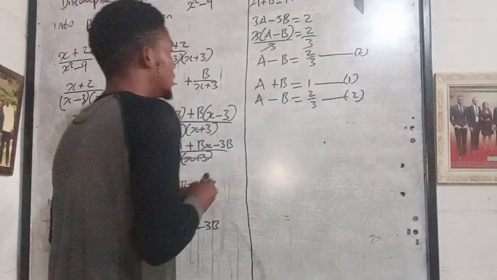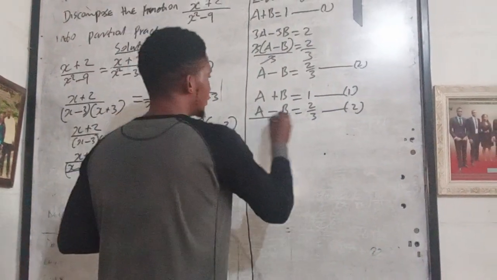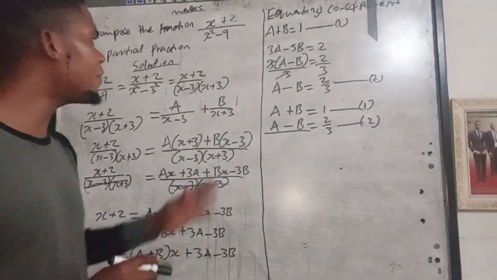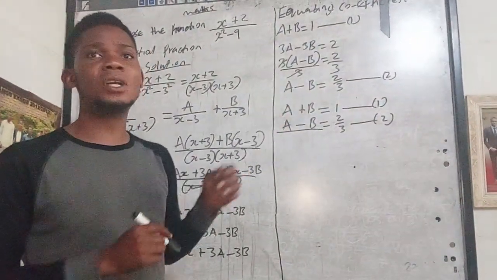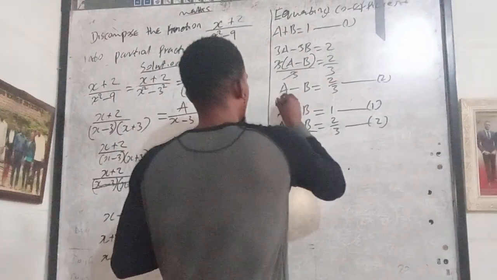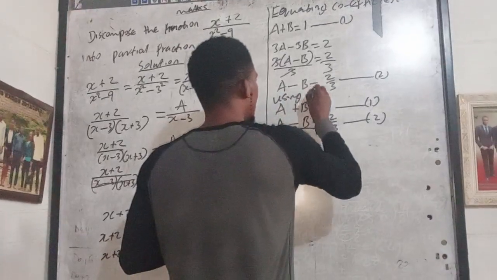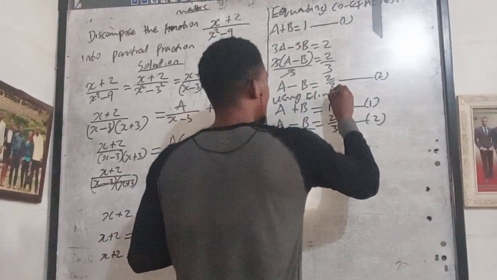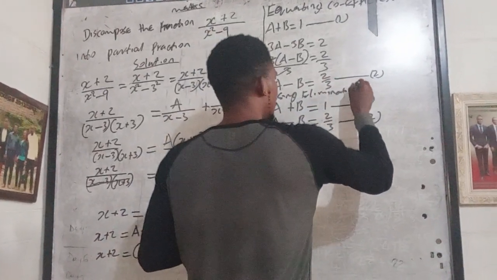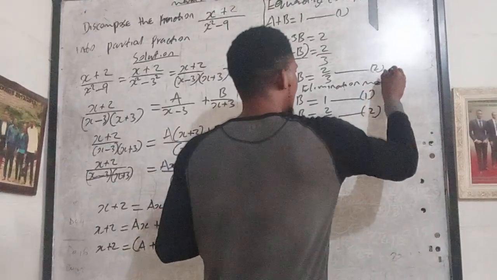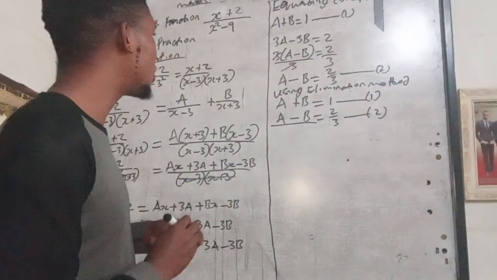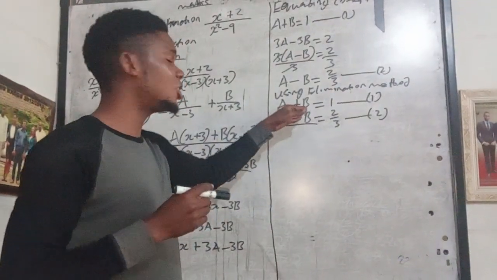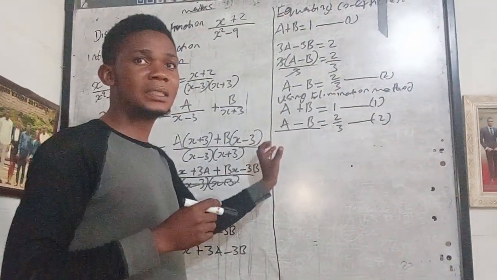Now what we need to do, we are going to eliminate, using the elimination method. Now, using the elimination method, we can kill b and get a.